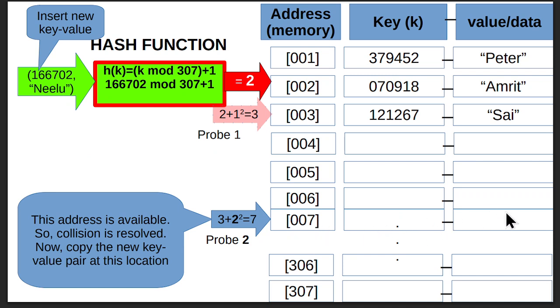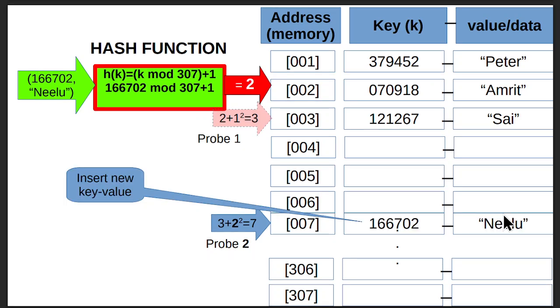Now this is available, and therefore we insert this new key value pair here. So the address where the collision occurred plus the probe number square returned false because it was occupied. Therefore a second probe was sent with the address where the collision occurred plus the second probe number square, and that returned true because this slot was available. Okay, thank you.